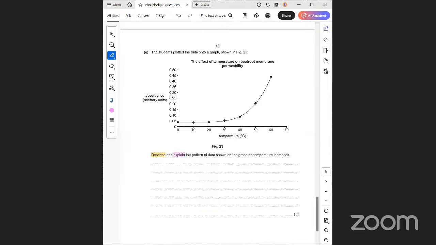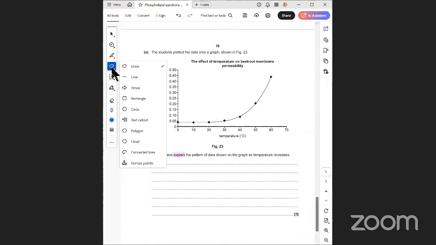So it is very important that when you look at this, you are actually looking at the information and the command words. Describe the data. Well, as I increase the temperature, it doesn't really do anything, to be honest, at the beginning. So it's important that you are looking at this in the right way.